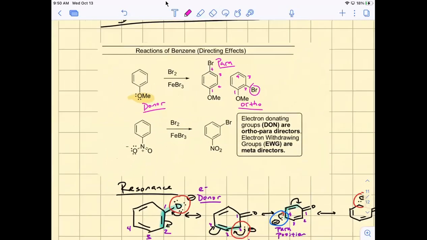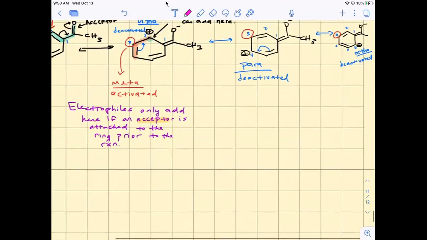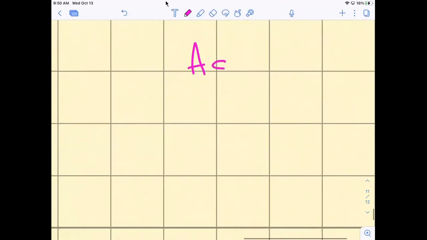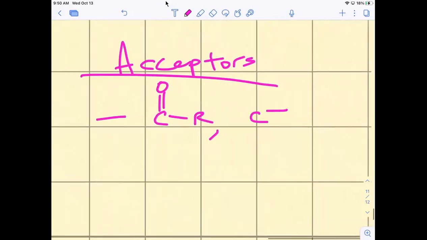Right? If I have an acceptor on the ring, let me give you some examples of those, and then we'll be done. Of course, you have resonance acceptors like carbonyls. That can be any carbonyl. It can be an ester, it can be a ketone, aldehyde, it doesn't matter. Nitriles, like that. Nitro groups, all of those are considered resonance acceptors.